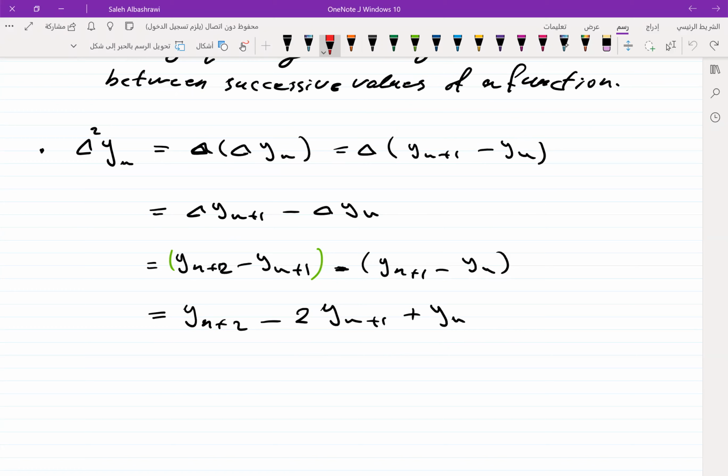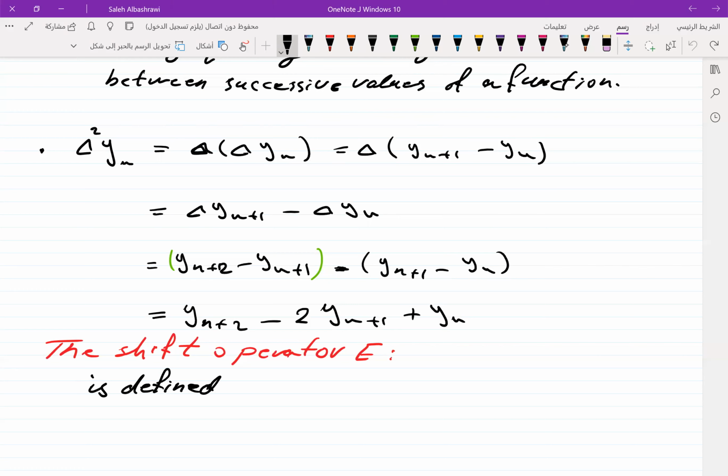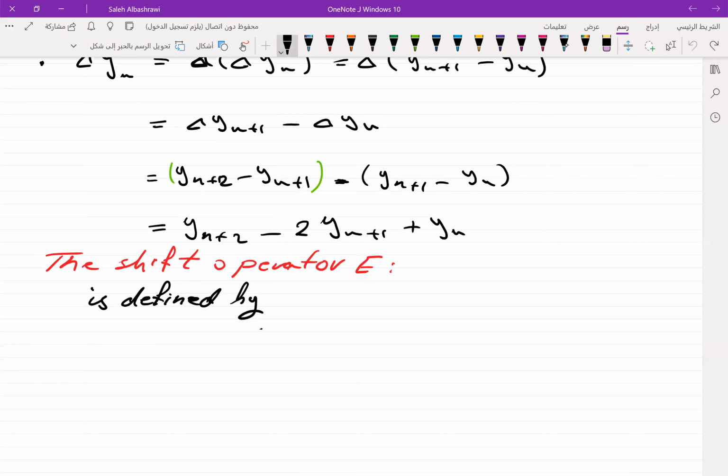Now the shift operator E is defined by E y sub n equal to y n plus 1. Just shifting the value to the next one. n became n plus 1.